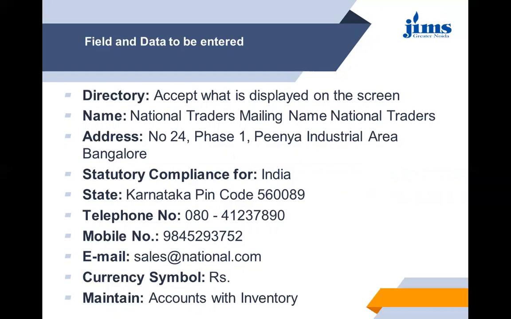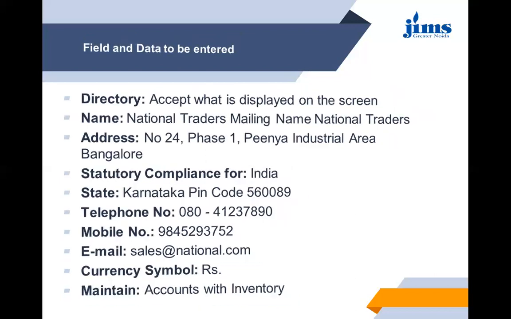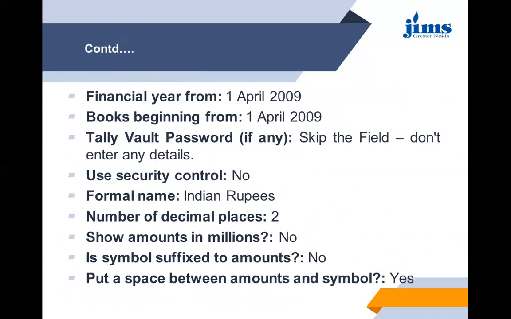Telephone number, mobile number, email address, currency symbol, maintenance of accounts, whether it should be just accounts or inventory as well. If you choose accounts with inventory, that's much better, because we need to keep a record of the inventory which you are purchasing. Then the financial year from 1st April 2009, books beginning from 1st April 2009, Tally Vault password.